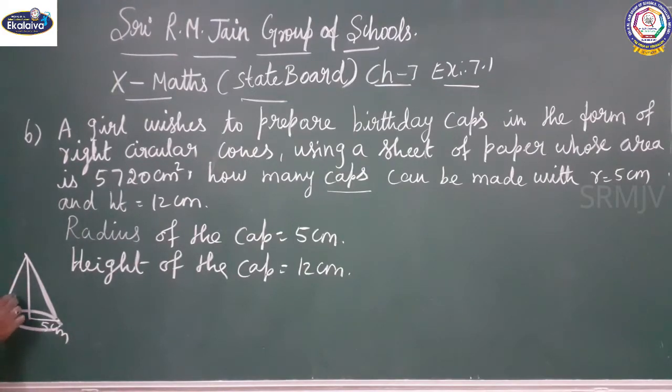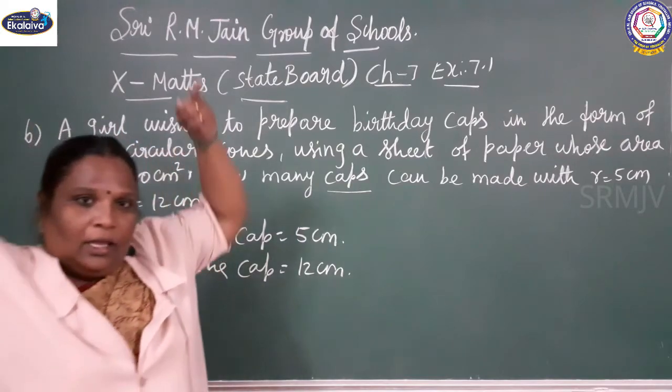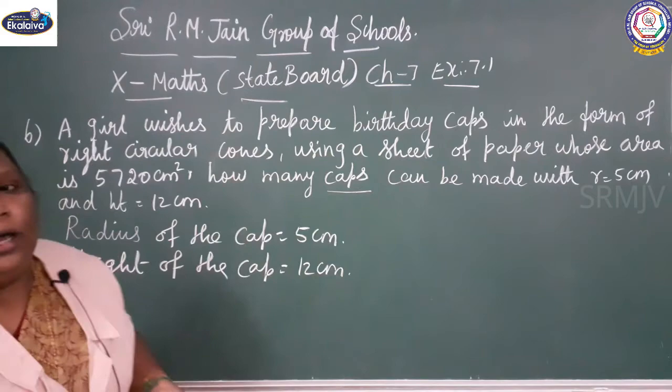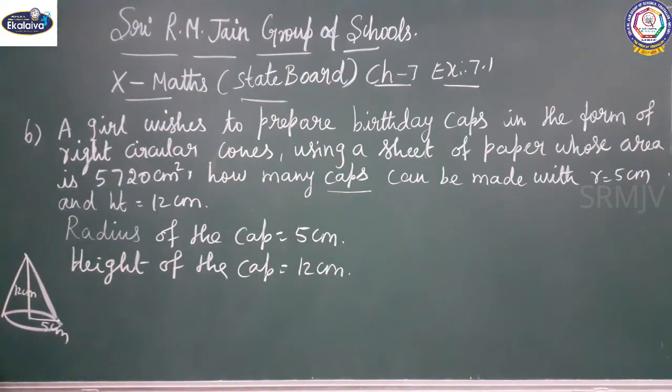Vertical height of the cap equal to 12 centimeter. Then you should find out the curved surface area, because the cone is like this. The curved surface area of the cone you should find out.